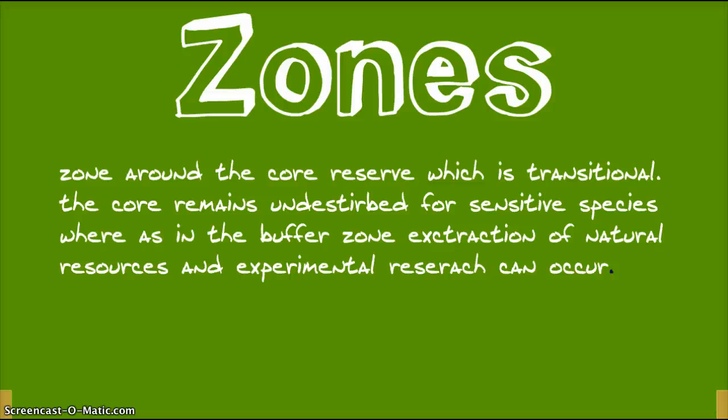We want to keep it as undisturbed as possible for the sensitive species, but that buffer zone could also be used for natural resource extraction, experimental research, and things like that. So it's minimal impact, but it's protecting that area that is undisturbed for the sensitive species. So buffer zones allow for protection of those endangered or sensitive species.